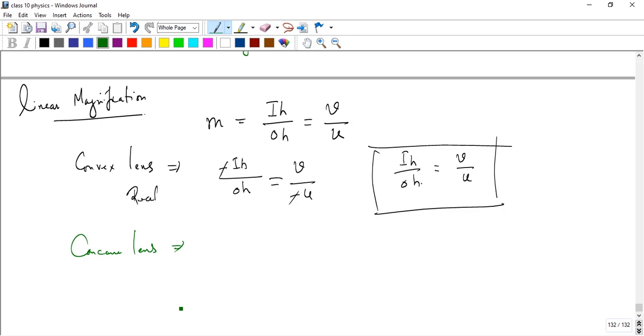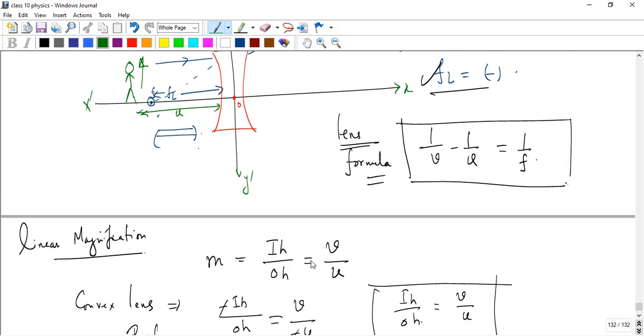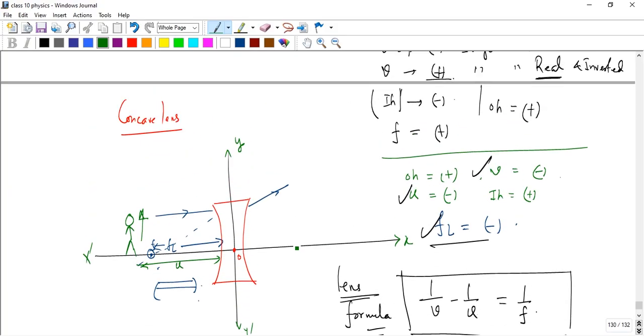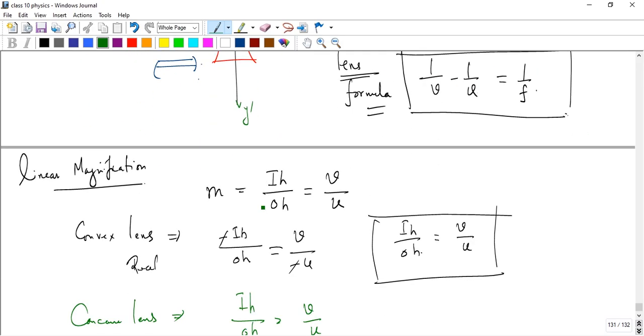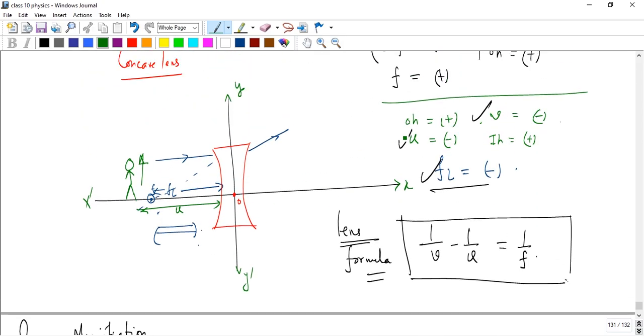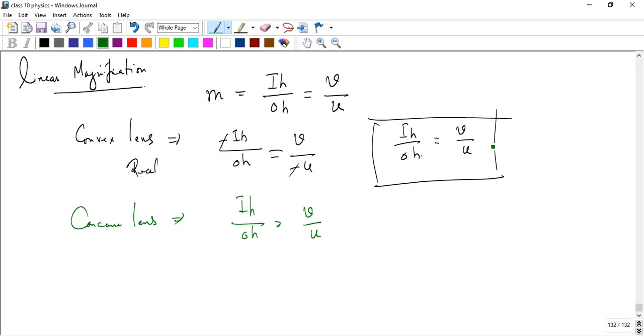okay, the formula for linear magnification is image height by object height, that is V by U. And see very carefully in sign convention. For a concave lens, image height and object height are both positive.